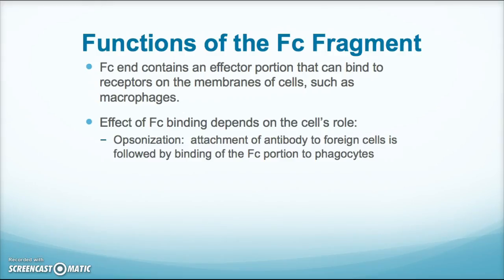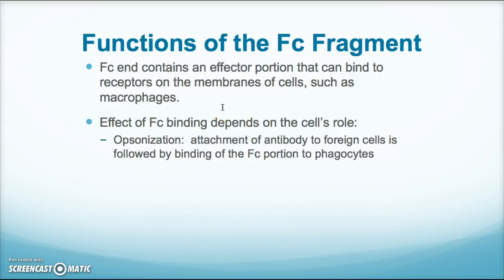So there's also an important function of the constant region, the region that binds the cells. The Fc region can actually bind the membrane of macrophages. So once the variable section has bound onto an antigen, then it can take that bottom portion of the Y and bind to a macrophage.